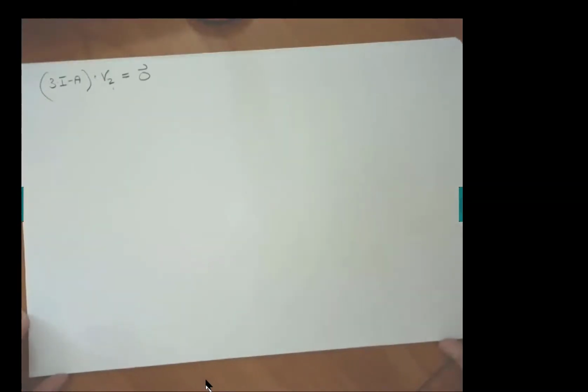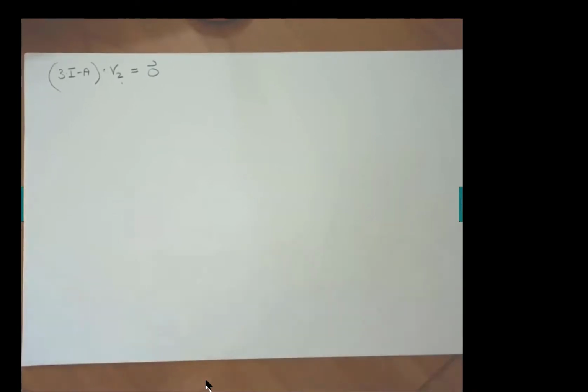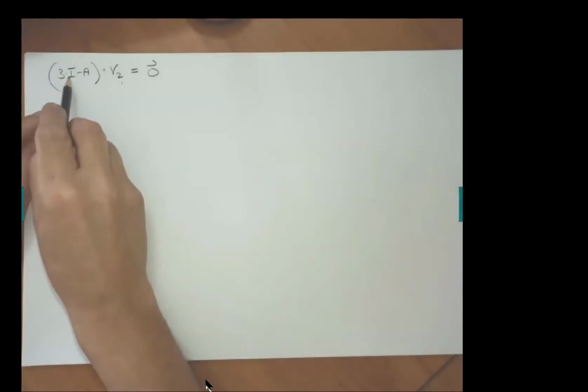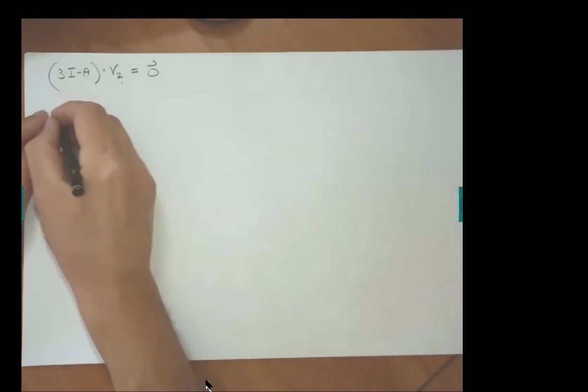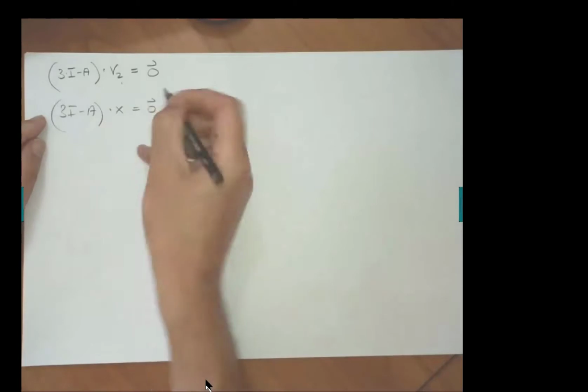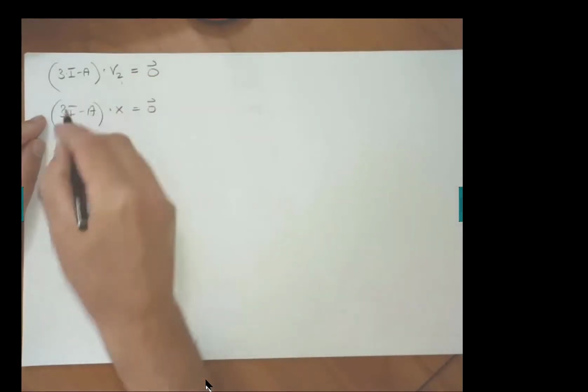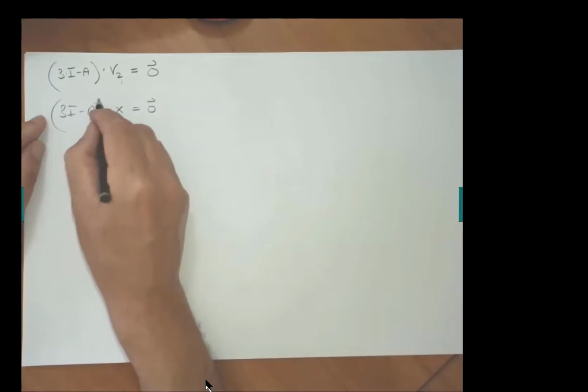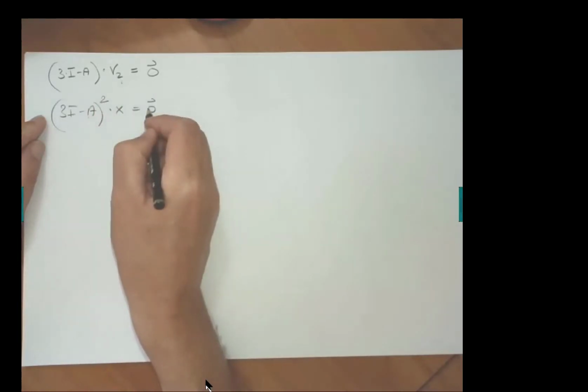Okay, and now I don't really know how, historically, someone got this great idea, but it's actually not too long ago, maybe 120, 150 years at most, someone had the idea, okay, so there's no eigenvector, but maybe what we can do is, instead of solving 3I minus A times x equal to 0, that's how we found V2, we do 3I minus A squared times x equal to 0.